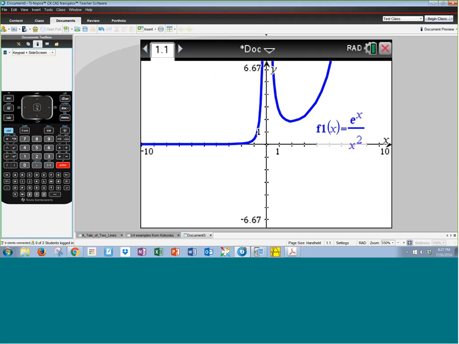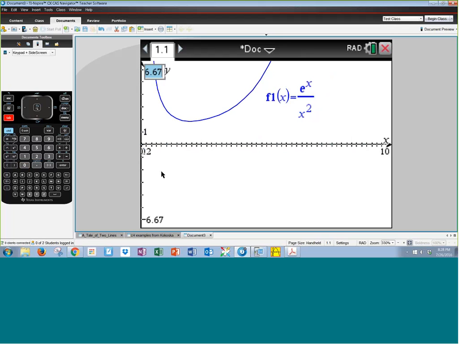So what I might do is change my x max, x min, y max, y min. One of the favorite things my students do these days with the Nspire is to just double click on the endpoint numbers that they see and change those. It would be fine to have 0 for my y min. And then if I press tab, it goes to my x max. It rotates clockwise through those four values that you see there.